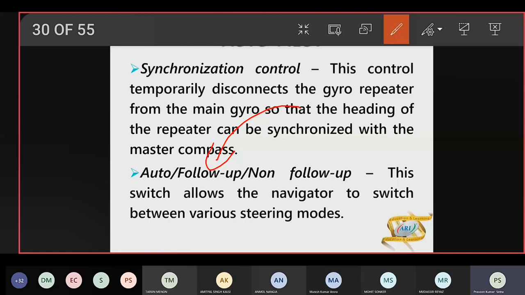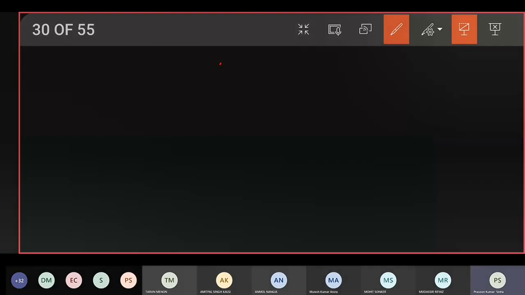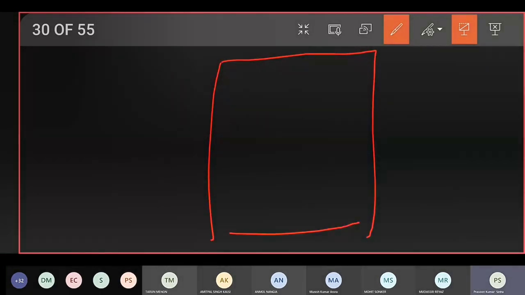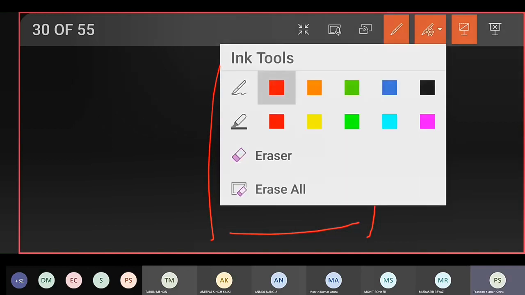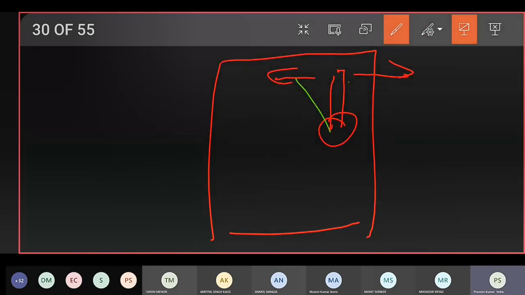Another one is non-follow-up, which you are aware of. In the autopilot system column, there is a tiller provided for operating it. It is spring-loaded, which you can turn left and right, port starboard. This is a joystick type, spring-loaded, so you can push it to this side. जब यहाँ पे होगा तो rudder will start going to the port side.